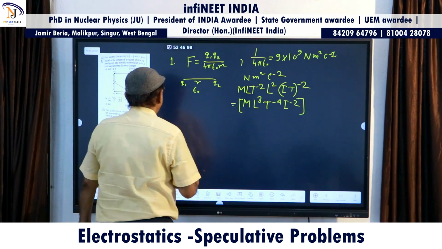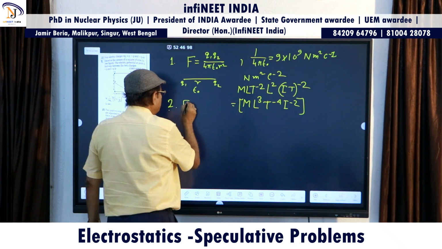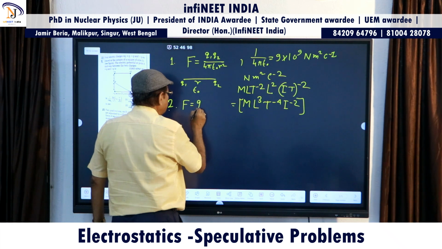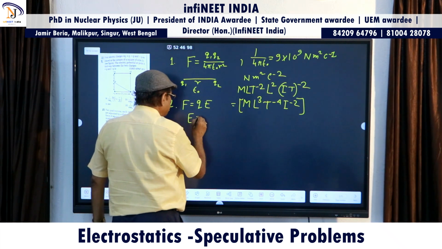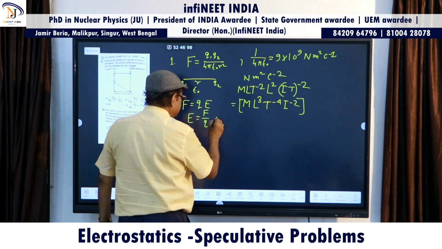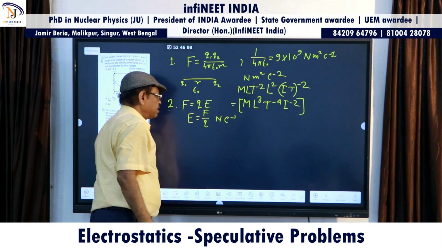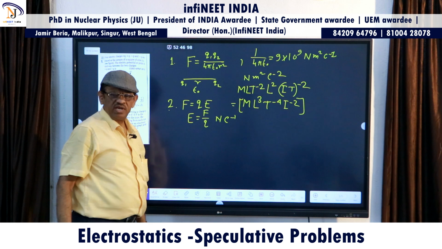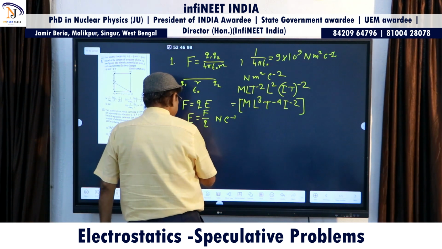And the second formula is like this: F equals Q into E. You know E is nothing but F by Q, that is Newton Coulomb to the power minus 1. This is electrical field intensity. And what is the dimension?